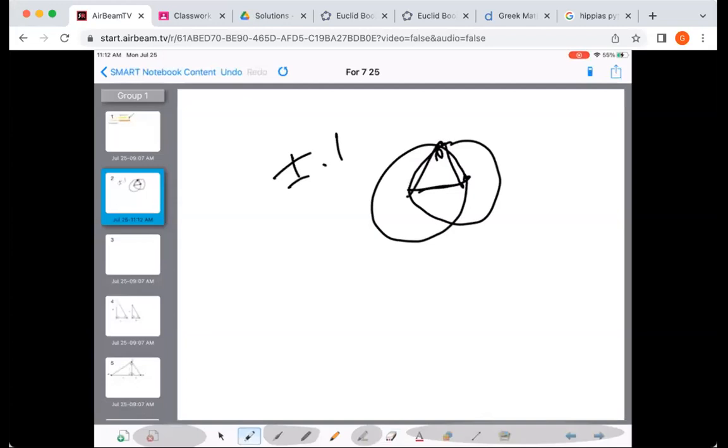And later on, I forget what number it is, it's actually book 2 something, he pretty easily shows that you can make a square.